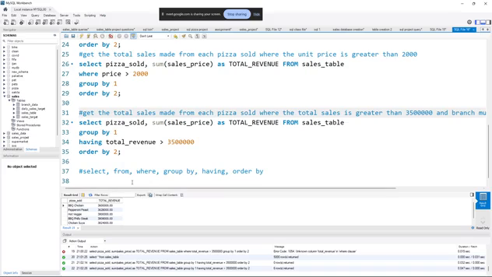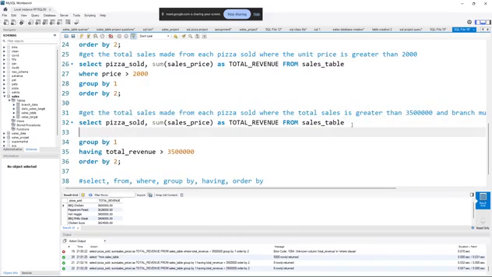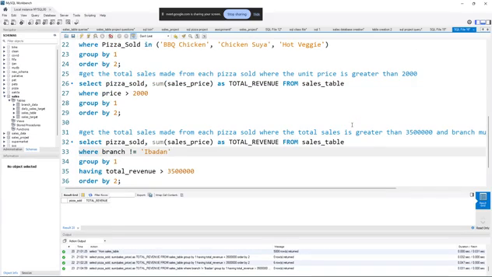So look at our next question now. Our next question is still the same thing, but they said where the branch must not be Ibadan. So here now, I must be putting a where clause. Where branch is not, sorry, hold on.